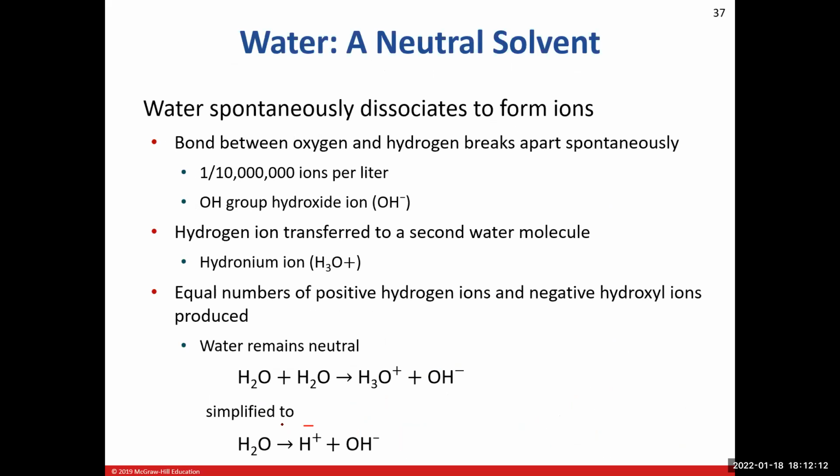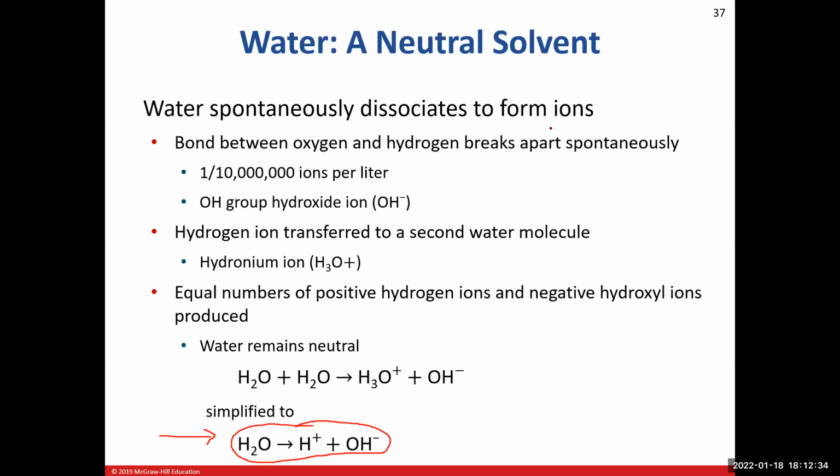So here's that formula that I just drew on the previous page. I want to walk you through this slide. Keep in mind, this is what's going to happen when water spontaneously dissociates. That's how we're signifying that.